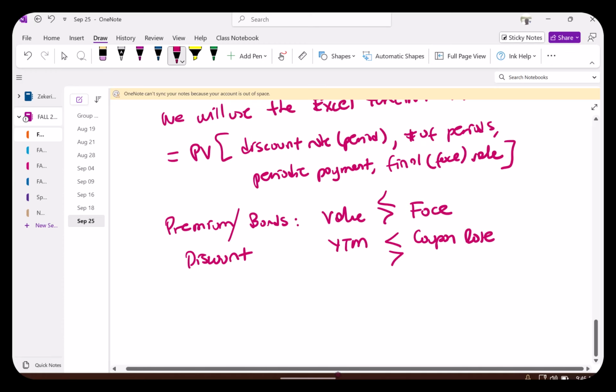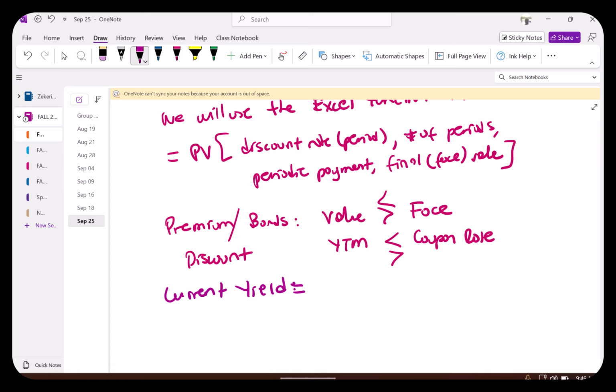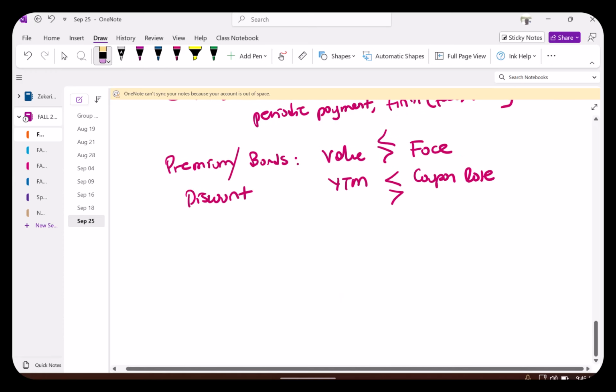There is another yield concept that you may see. It's called current yield. The only reason we ever calculate this, in spirit it is equivalent to dividend yield of a stock.